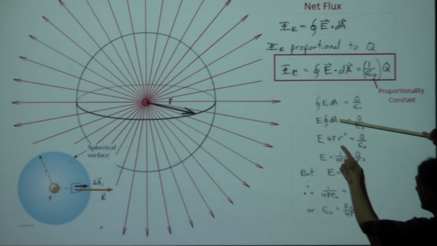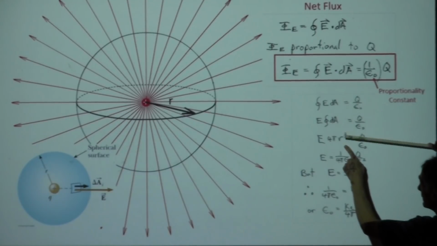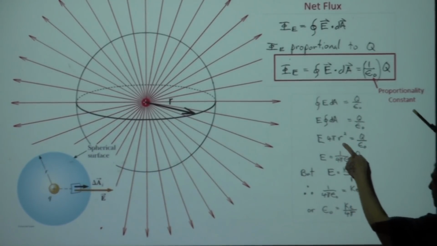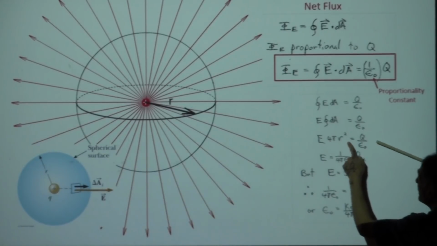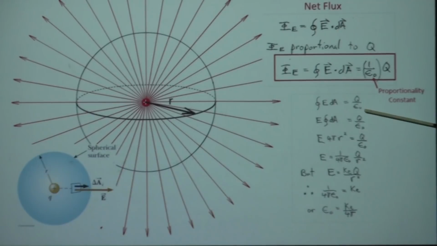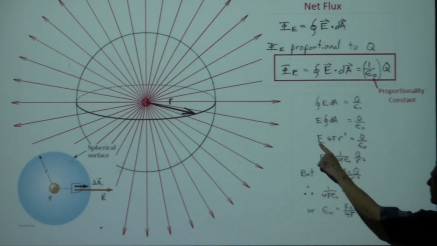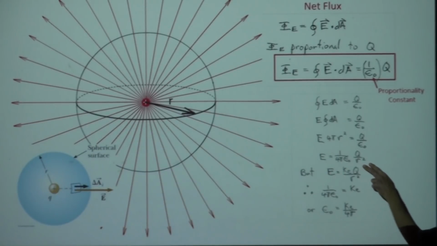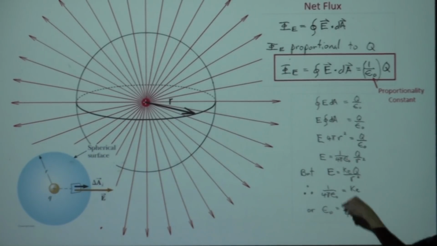This kind of simplification is going to be real common in the types of problems we use, where this side is going to be relatively simple and trivial, and then on the other side we're going to say that that's directly proportional. Again, that proportionality is 1 over epsilon naught, which should be over here. So we can then solve for E and divide through by r squared. Now, I haven't screwed up here yet.